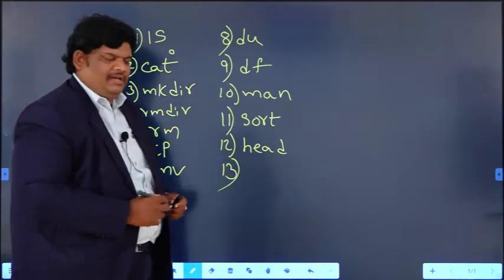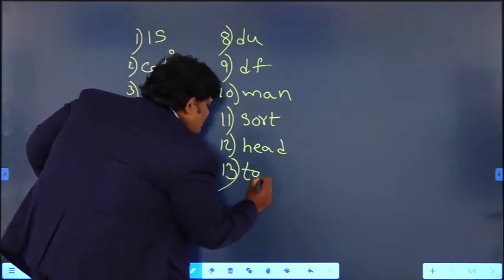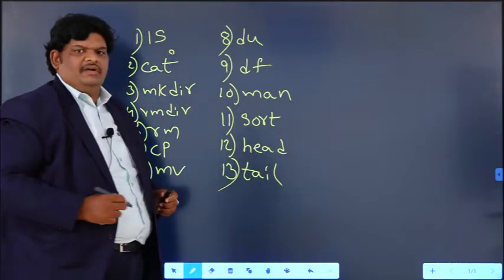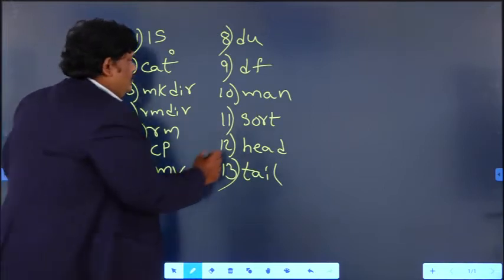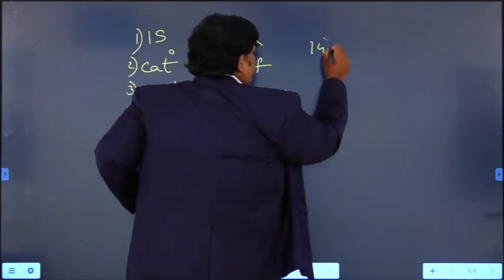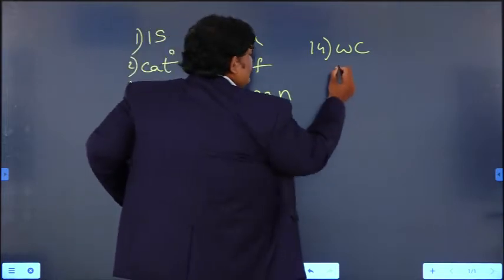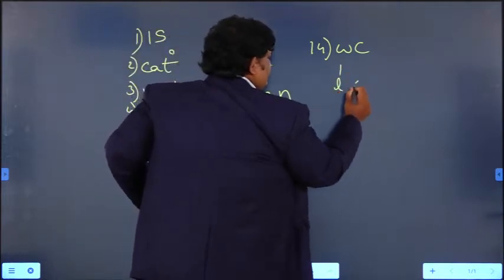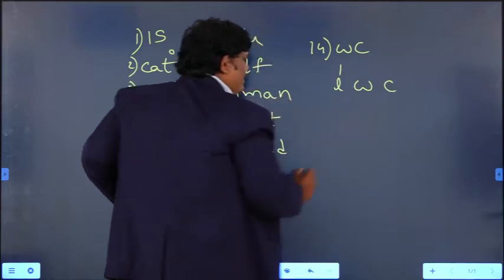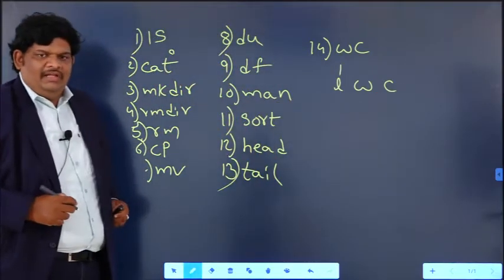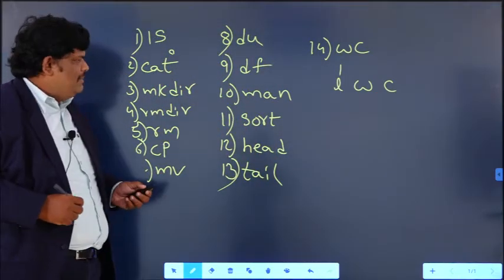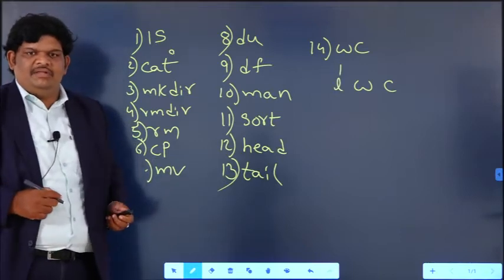Like that, with the tail command we can see the last 10 records. Next, the word count command. It gives the number of lines, number of words, and number of characters present in that file. Like that, we discussed all these commands in the previous lecture number 3.